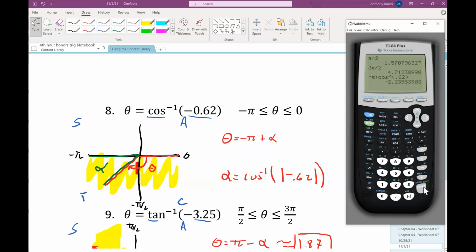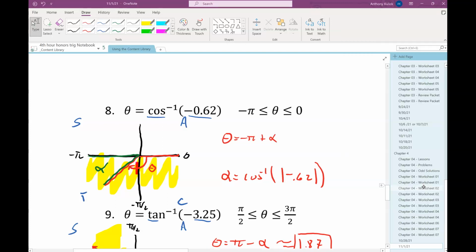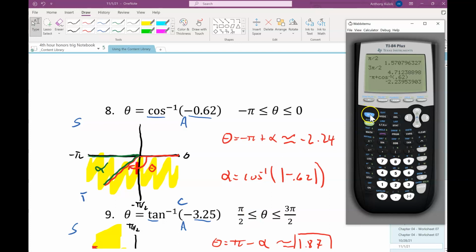So I get negative 2.24. And then if you wanted to check this, cosine of that number is negative 0.62. Clearly that's smaller than 0 and bigger than negative pi. Negative pi is just negative 3.14.